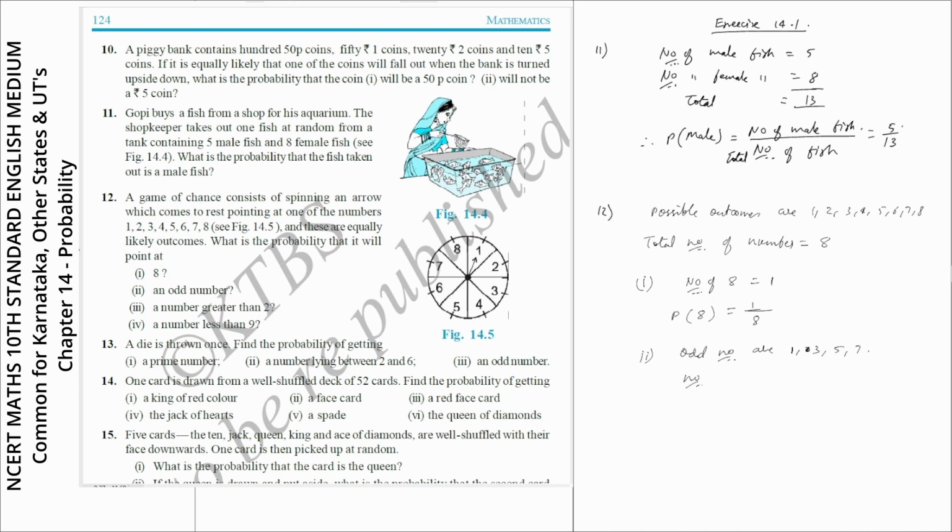So number of odd numbers is equal to 4. Therefore probability that the arrow stops at an odd number is equal to number of odd numbers divided by total number of numbers.